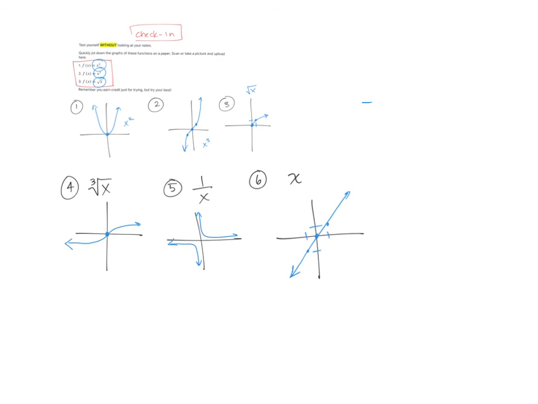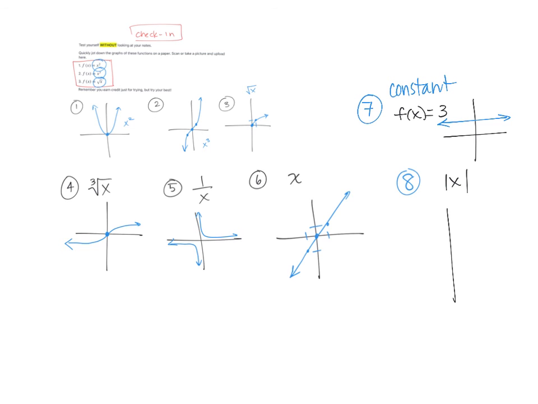All right, and we also have the constant function, which we just saw, which is when you just have some number. So if we just have f of x equals 3, we know that it's going to be a horizontal line through 3. And then we also have the absolute value function, which is going to be our v.